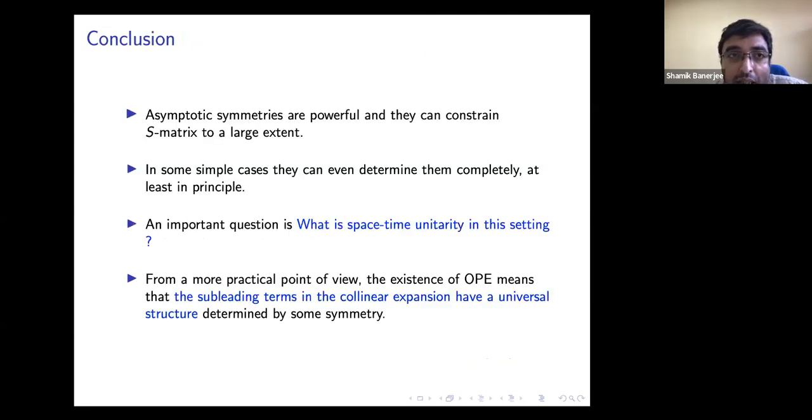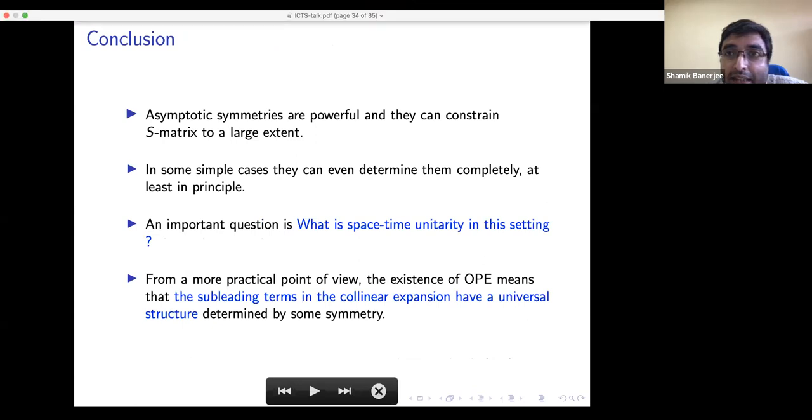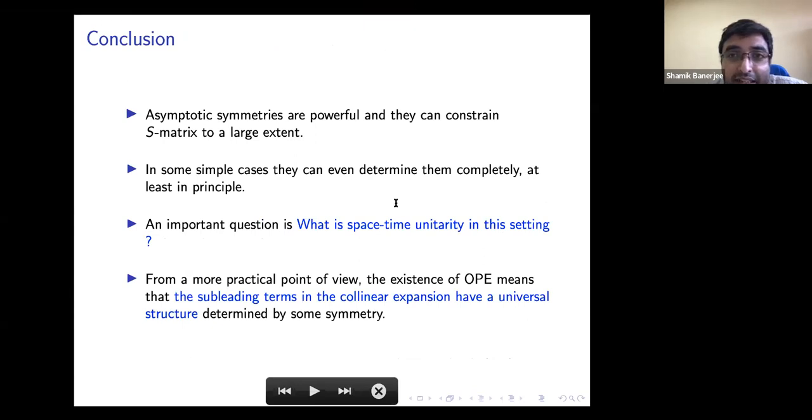Okay, so let me just end by stating what can be done, or what needs to be done probably. What I have shown is that these asymptotic symmetries are powerful, and they can constrain the S matrix to a large extent.